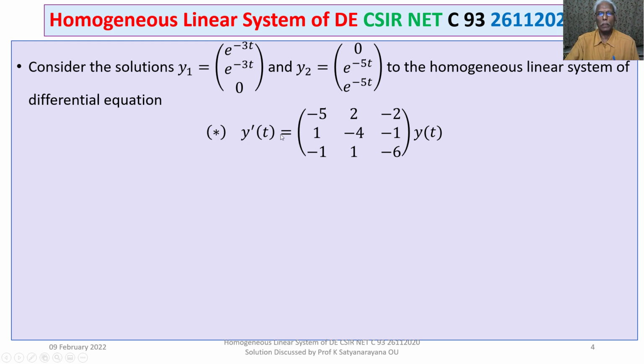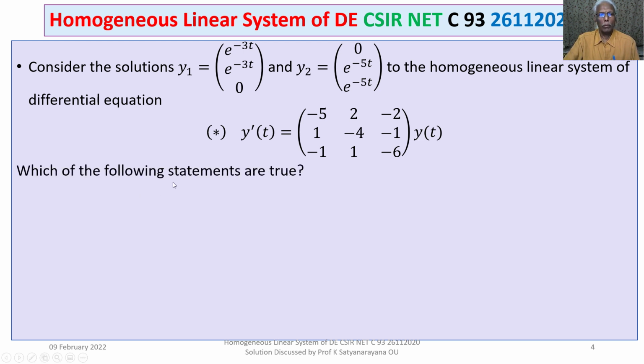Y prime t is equal to the 3 by 3 matrix whose first row is minus 5, 2, minus 2, second row 1, minus 4, minus 1, third row minus 1, 1, minus 6, multiplied by the column vector y of t.